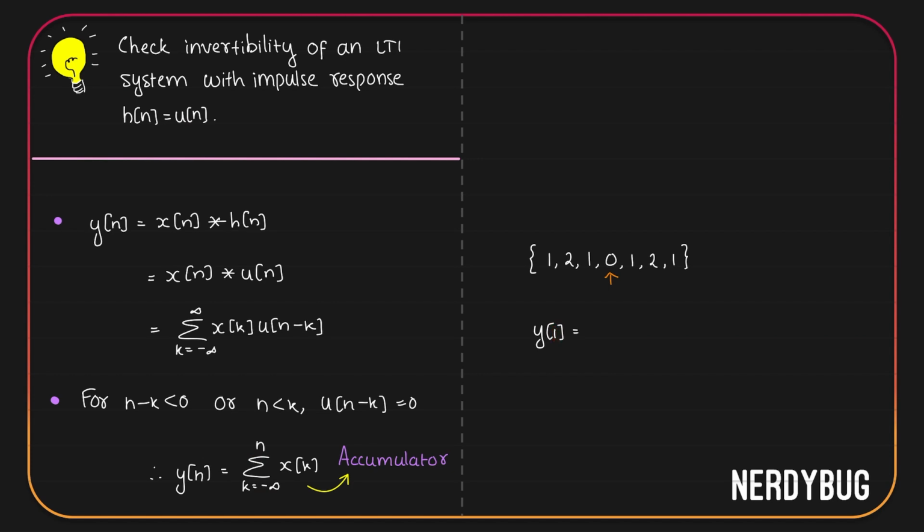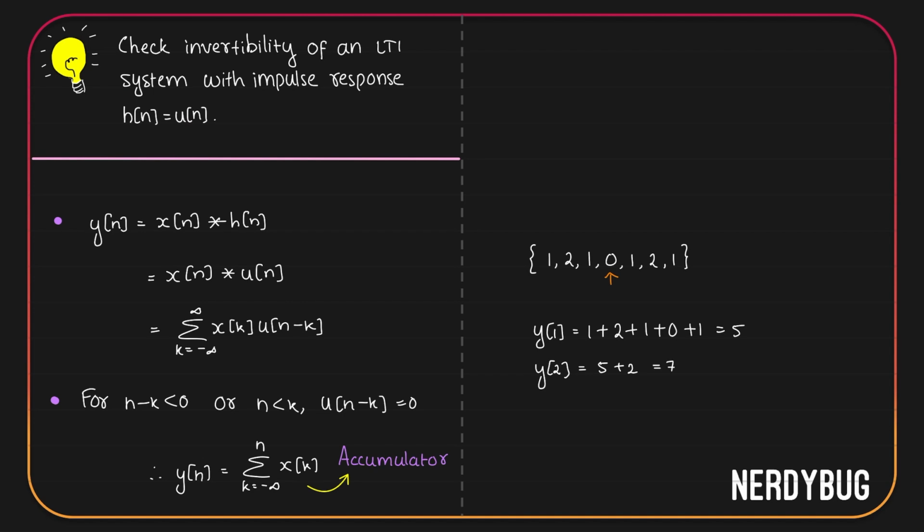So I have to add all these values up to the first value. So it will be 1 plus 2 plus 1 plus 0 plus 1. That is equal to 5. In that case, what will be y of 2? For y of 2, I have to add all of these including the 2. So technically, I can just take the previous sum and then add 2 to it. So 5 plus 2, I will get 7.